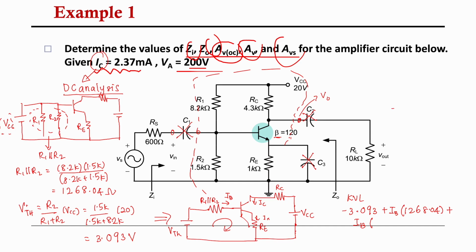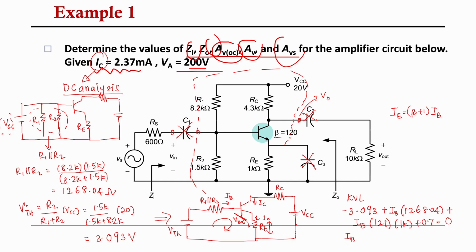IE is equal to beta plus 1 times IB, so it's going to be 121 IB, the current that is over here, multiplied with the value of RE, which is 1 kilo ohm, plus I forgot about the VBE here, so plus 0.7, which equals 0.